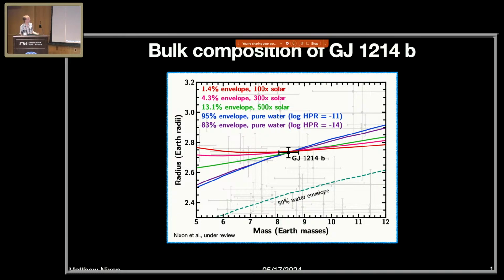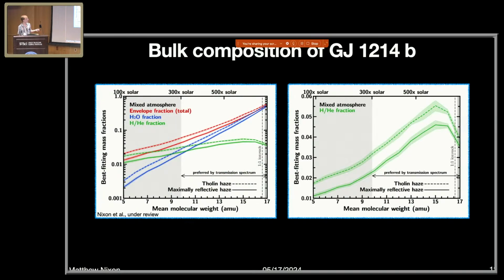And then for these mixed envelopes, you can see that the total envelope mass fraction varies pretty strongly with composition. So rather than just looking at a couple of different models that are consistent, I explore the full range of different atmospheric compositions, shown here as a function of atmospheric metallicity or, correspondingly, mean molecular weight of the envelope.